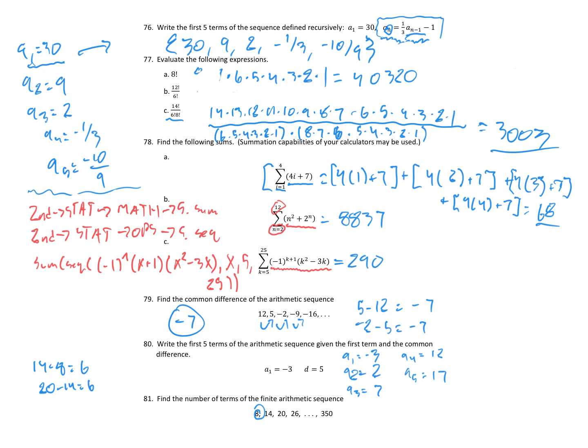So how far do you have to go from 8 to get to 350? So what's 350 minus 8? Well, that would be 342, right? How many times do you have to go up 6 to go up 342 total? That would be 342 divided by 6, right?